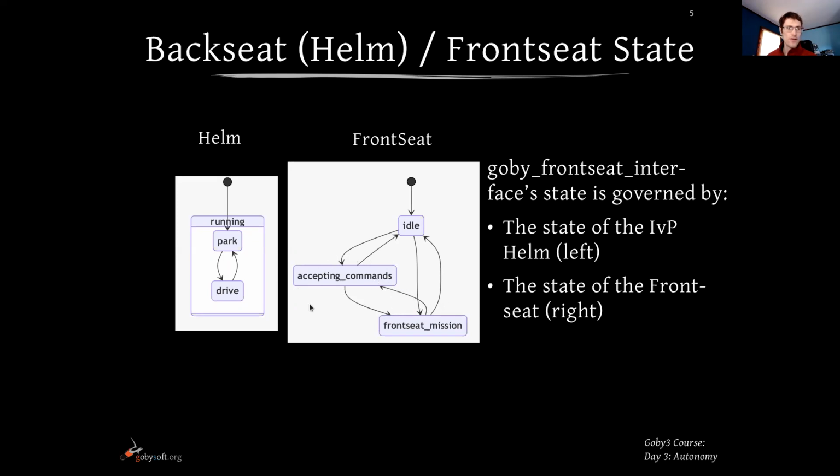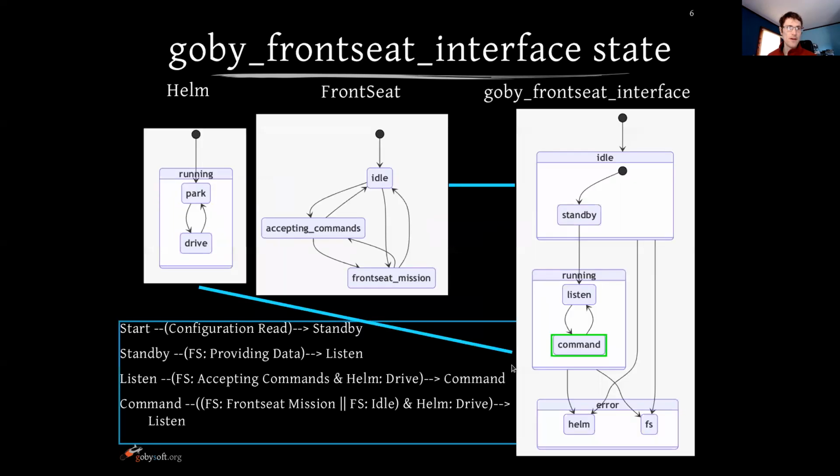And so given these two state machines, we end up inferring the state of the overall interface, which is this third state machine. This one's a little bit more complicated, but it starts up in idle, reads the configuration from either the command line or the configuration file, and goes into standby.